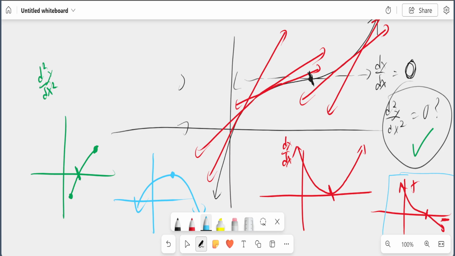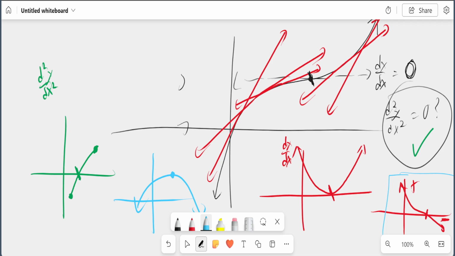Does that make sense? So a point of inflection is not just when, and this is really important actually, I know I've been talking a lot, but this is important, if your double derivative is equal to 0, that doesn't necessarily mean it's going to be a point of inflection.